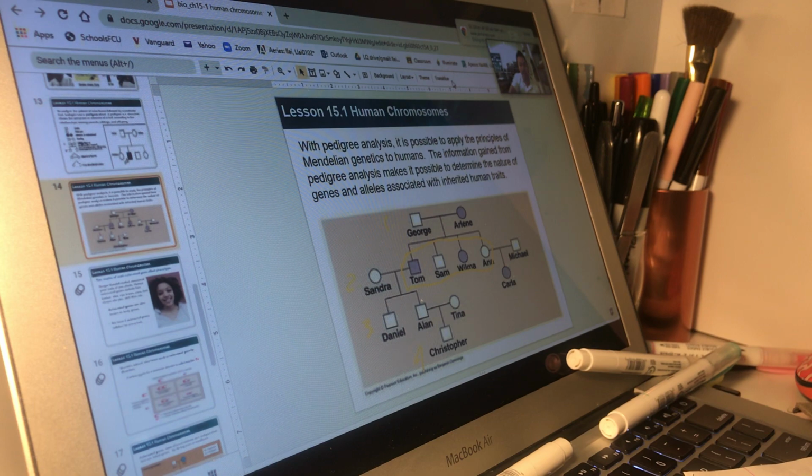Now, within the family, mommy is sick with something. Mommy has a disease. Mommy is sick because she's shaded. She gave Tom and Wilma the disease. Tom and Wilma have the disease. Okay, we good? Okay, now, what disease are we talking about?